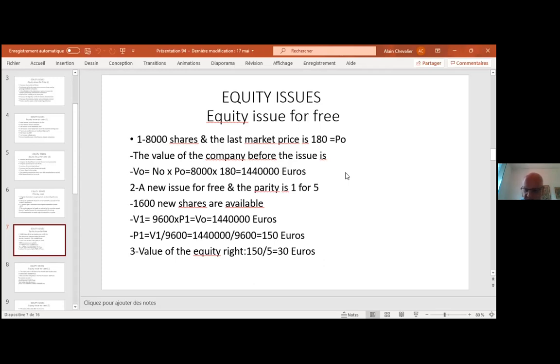The last market price is 180 euros, and its nominal value is 100 euros. So you have basic elements on the number of shares, on the issue, and you get the market value of a share before the issue. That's what you get here.